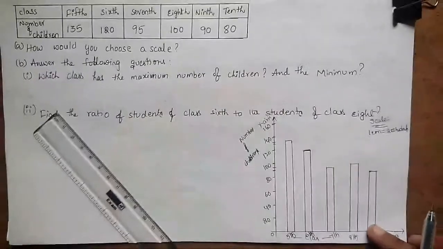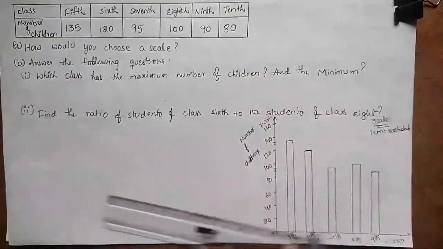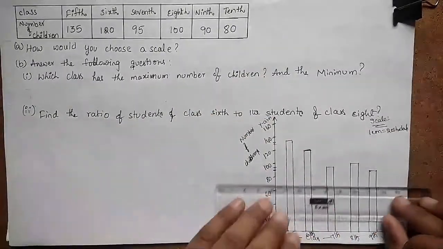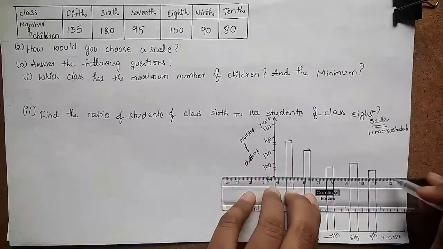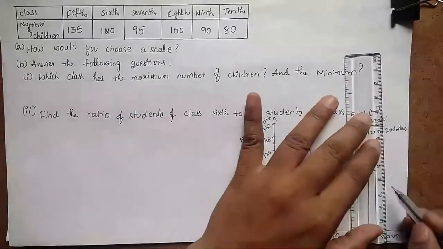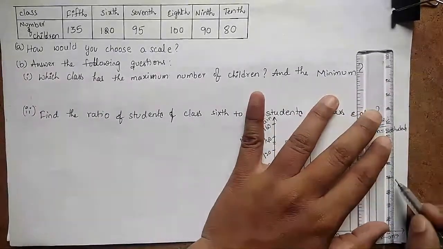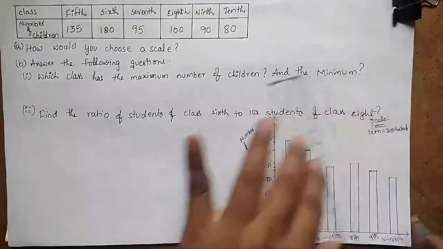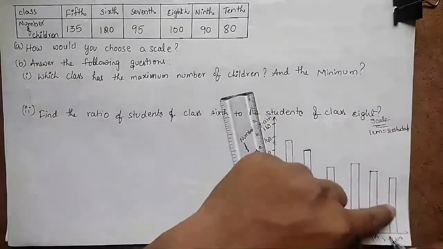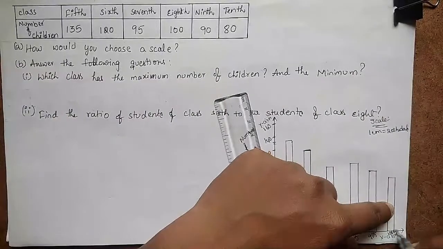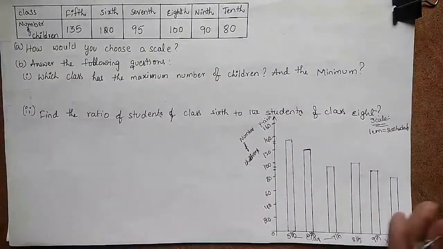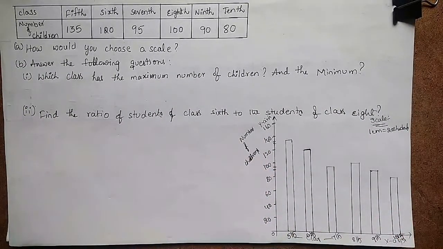The 10th class, last but not least, was 80. Make a small mark there and draw the bar with the same width used throughout the problem. So this was the 10th class. This was the bar graph of the individual classes from 5th to 10th.